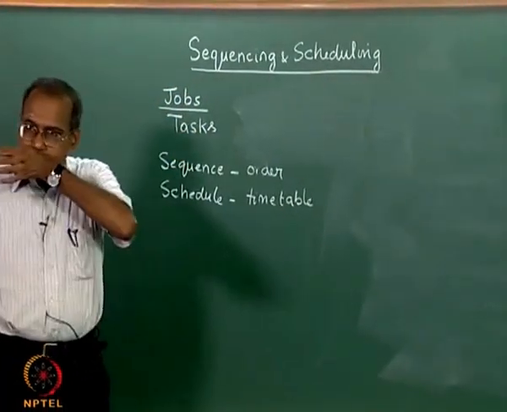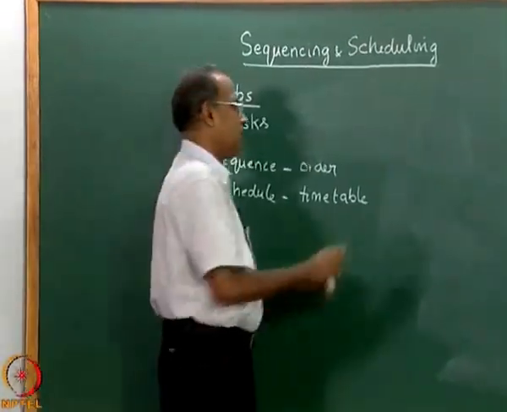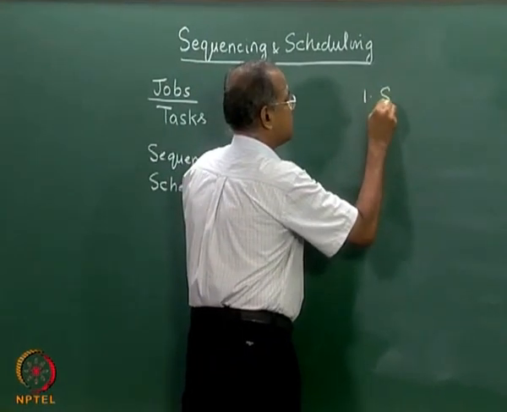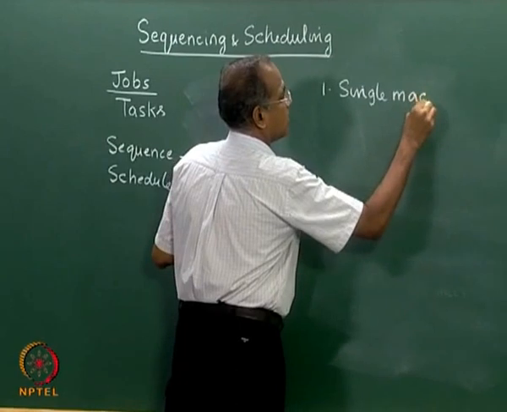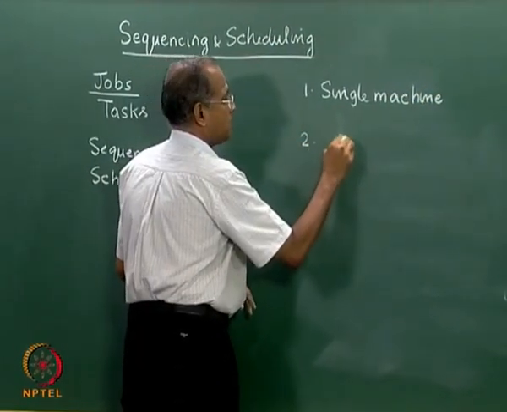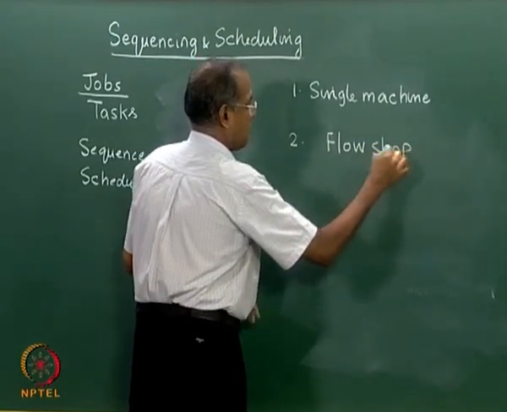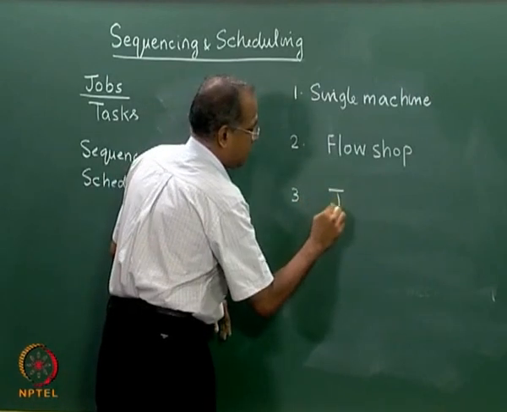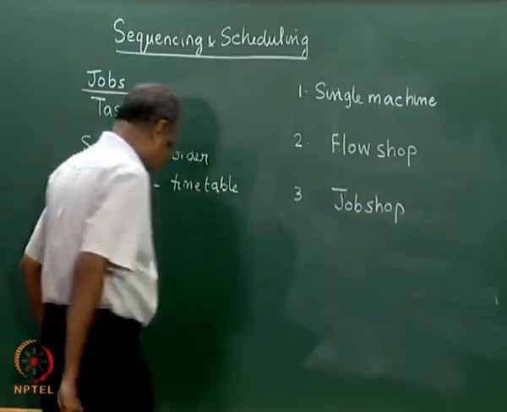So we would see 3 types of scheduling and sequencing problems in this lecture series. One is called single machine scheduling. We have flow shop scheduling, and we will see job shop scheduling.